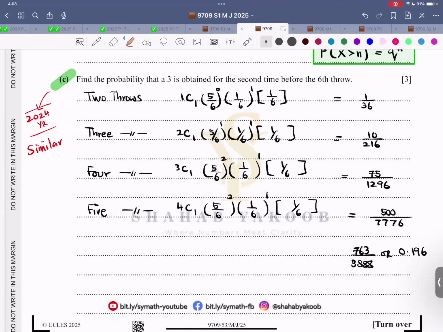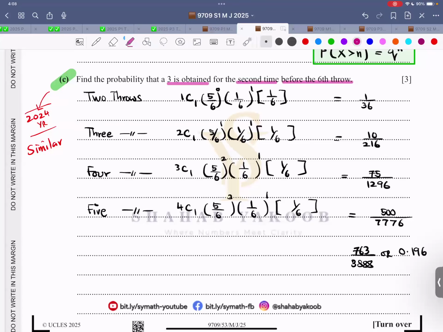Over here, they are saying that find the probability that a 3 is obtained for the second time before the 6th throw. So there are different ways of doing it. I just expanded it and then I have done it.